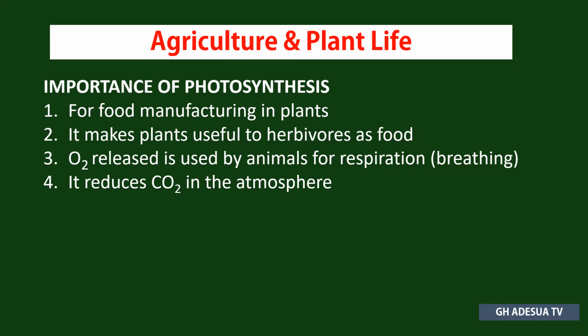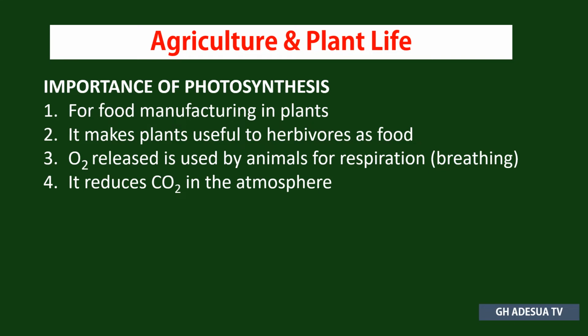Then our third point is that oxygen released from photosynthesis is used by animals for respiration. When you breathe in oxygen, you breathe out carbon dioxide. The oxygen you get when you breathe in is a result of plants doing their portion by releasing oxygen when photosynthesis takes place. Then the fourth one: it reduces carbon dioxide in the atmosphere. There's already carbon dioxide in the atmosphere, and we are burning and doing all sorts of things, also increasing the carbon dioxide content.